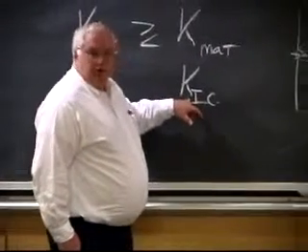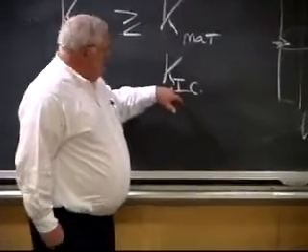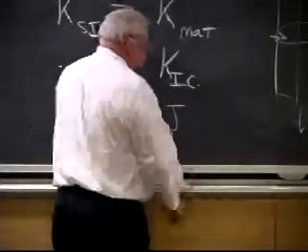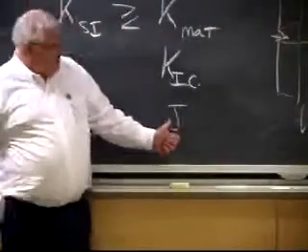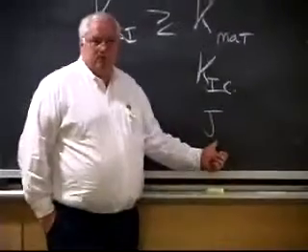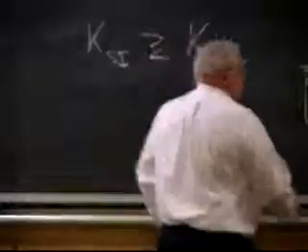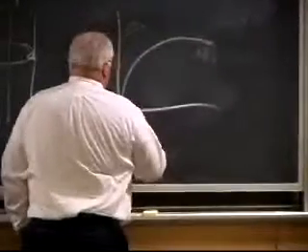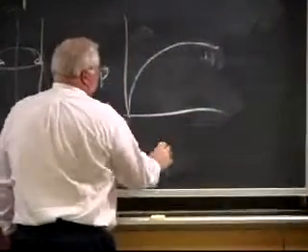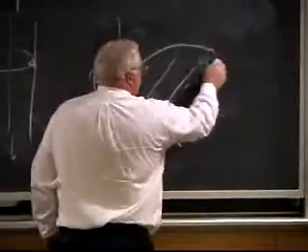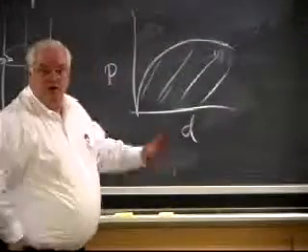K is really for brittle materials. There's something called the J integral, which Professor Rice up at Harvard basically invented for his doctoral thesis. We talked about it the other day, and you do a load displacement curve, load P times displacement, and basically integrate the area under that for a ductile material.